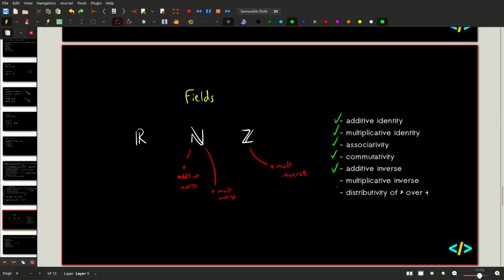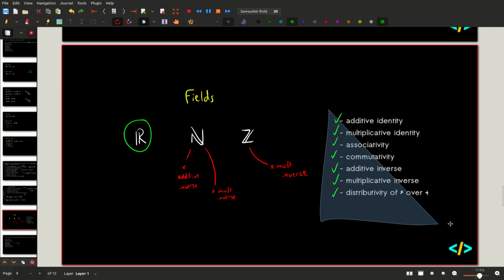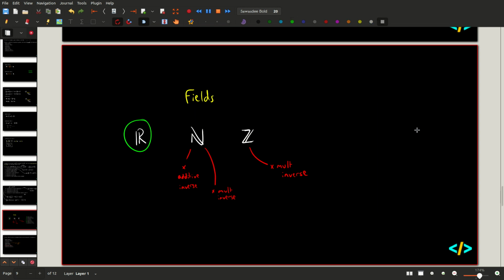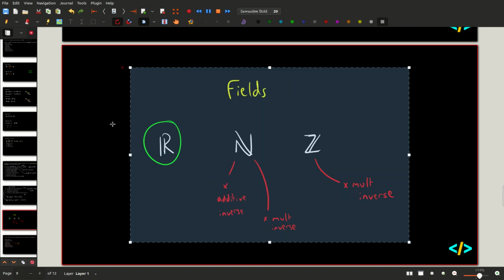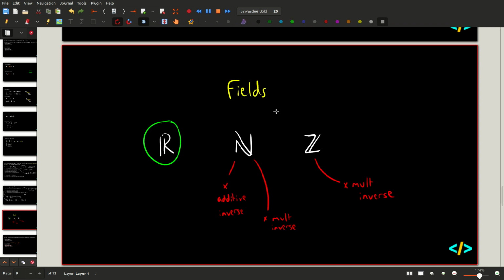Multiplicative inverse, because if some value n is in the reals, then 1 over n is in the reals, by the definition of real numbers. And distributivity. So this would be the only valid field out of these 3 sets. None of the other sets would work if we wanted a vector space over that field. Does that make sense, why we can't have natural numbers or integers as fields? Okay, cool.